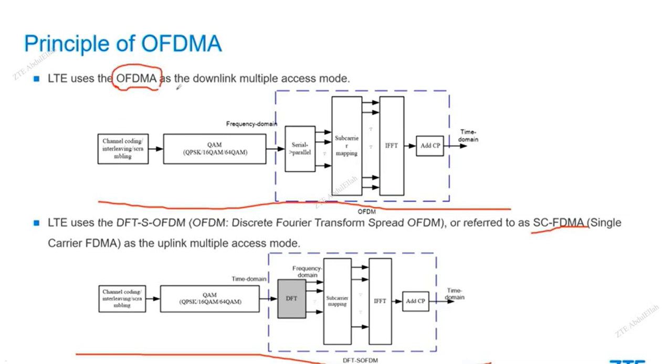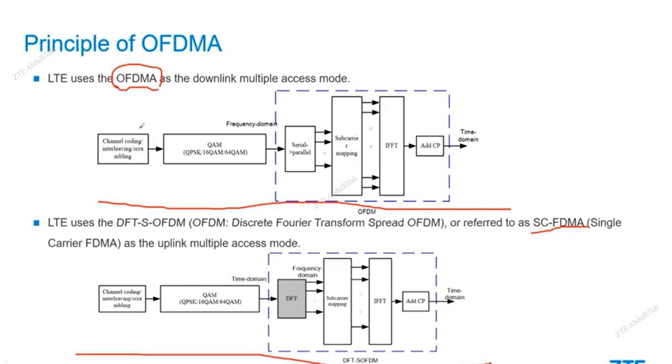Okay, so we can see the OFDMA procedure in downlink. Here is our base station. Now the base station wants to transmit some information to the UE. How to transmit? Because we will transmit our information in the air interface, and the air interface is an open interface, before we transmit we need some processing. For example, we need channel coding, we need interleaving, and we need scrambling, right?